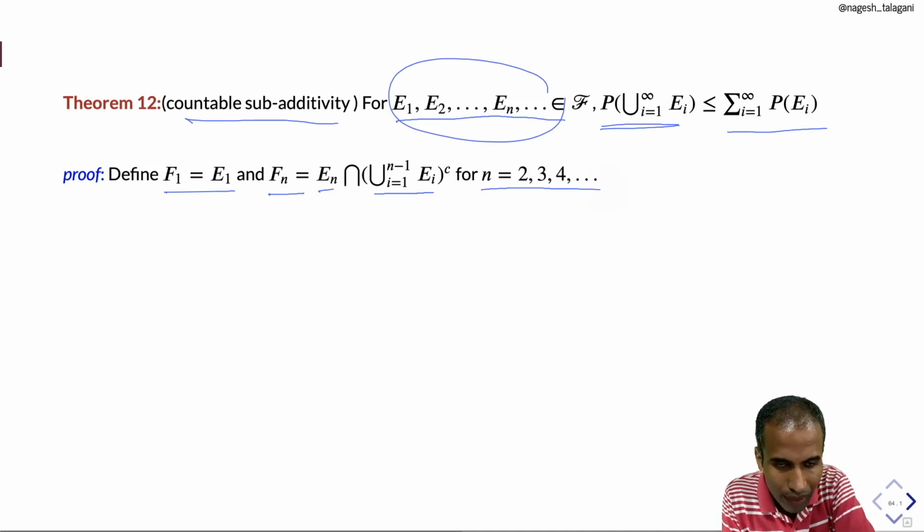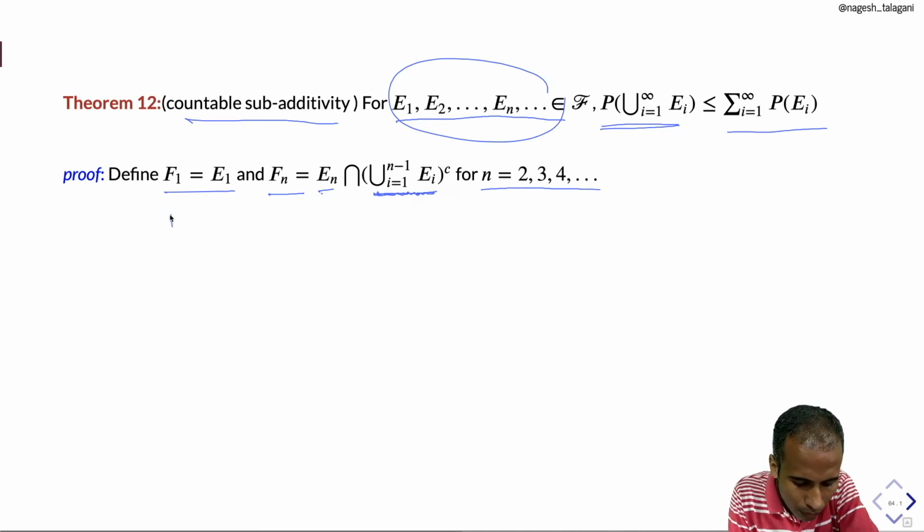What it means is that Fn consists of outcomes in En which are not covered in E1, E2, and so on up to En minus 1. That is the meaning of this expression.